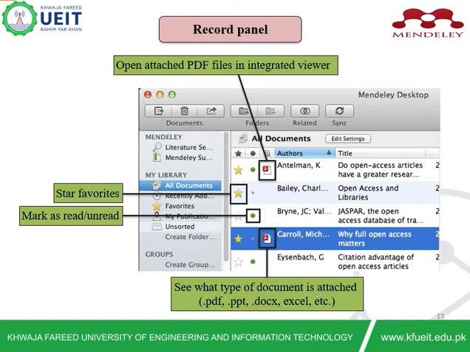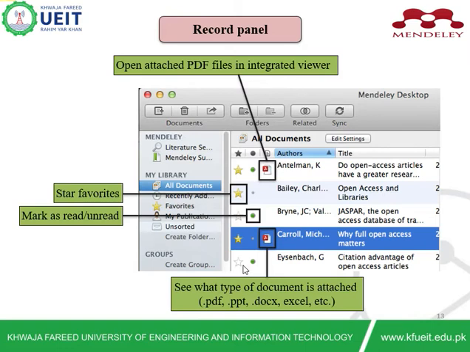Also, in favorite, you can mark your favorite document or a document you want to keep track of with the star icon. Simply click to star and click again to unstar. It's up to you. Once you click, the yellow icon appears. If you click again, it is unstarred, and the icon looks like this one.